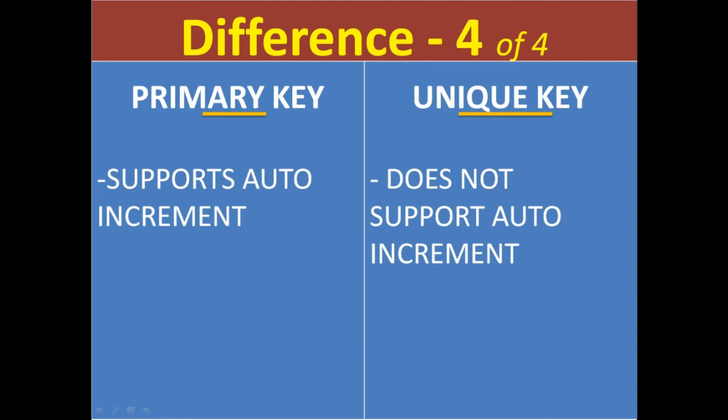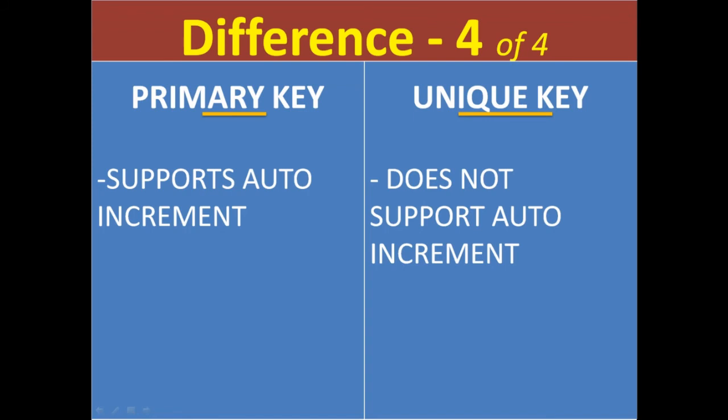That means you can set some base value to a column value, and then each time the value would be increased by a certain increment. For example, if you have defined a column identity 1, 1, that means the base value would be 1, and after every insert, the next value would be incremented by 1. That depends upon the increment.